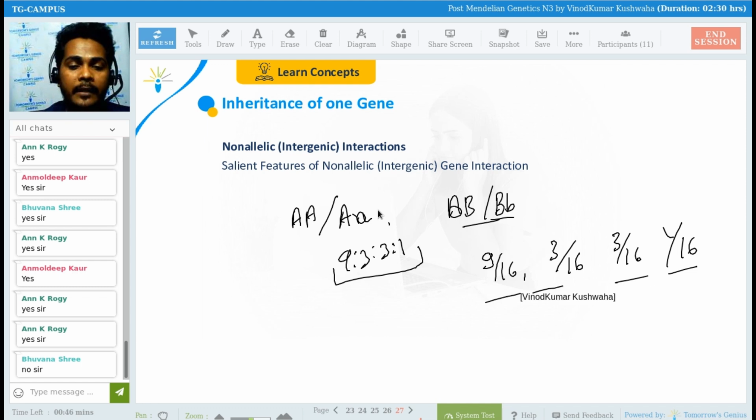So the ratio is 9:3:3:1. This ratio can vary according to the intergenic interaction. So let's try to understand how it varies.